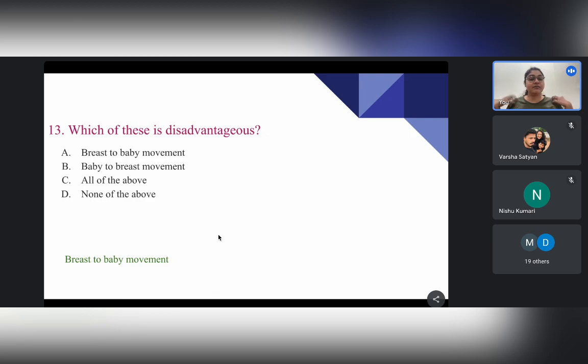The mother shouldn't be having elevated or curved shoulders, or bending forward. All these things are not desired, and those can be disadvantageous to the entire breastfeeding procedure. The proper movement should always be the baby to the breast tissue. So as most of you have correctly said, the breast to baby movement is disadvantageous.